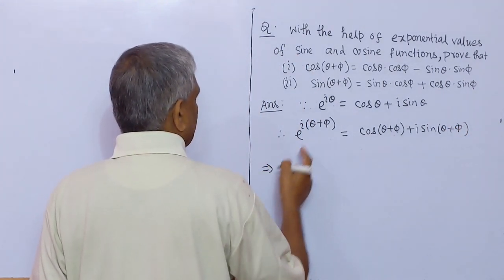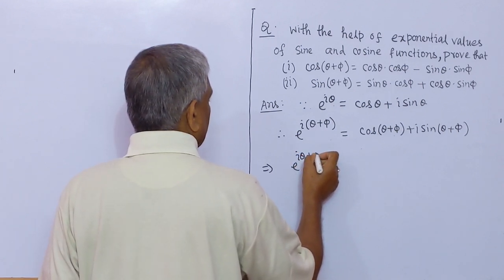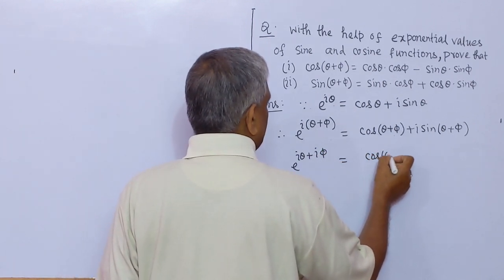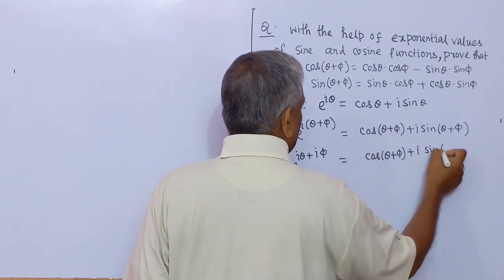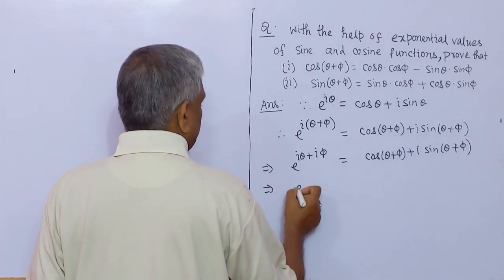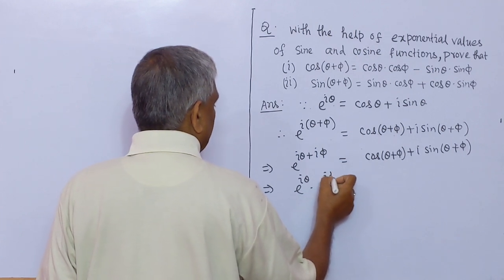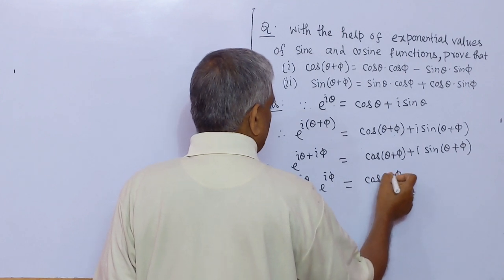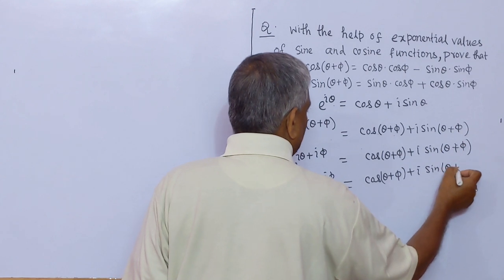We may write this left side as e to the power I theta plus I phi. This equal to cos theta plus phi plus I sin theta plus phi. Left side is e to the power I theta multiply e to the power I phi, cos theta plus phi plus I sin theta plus phi.